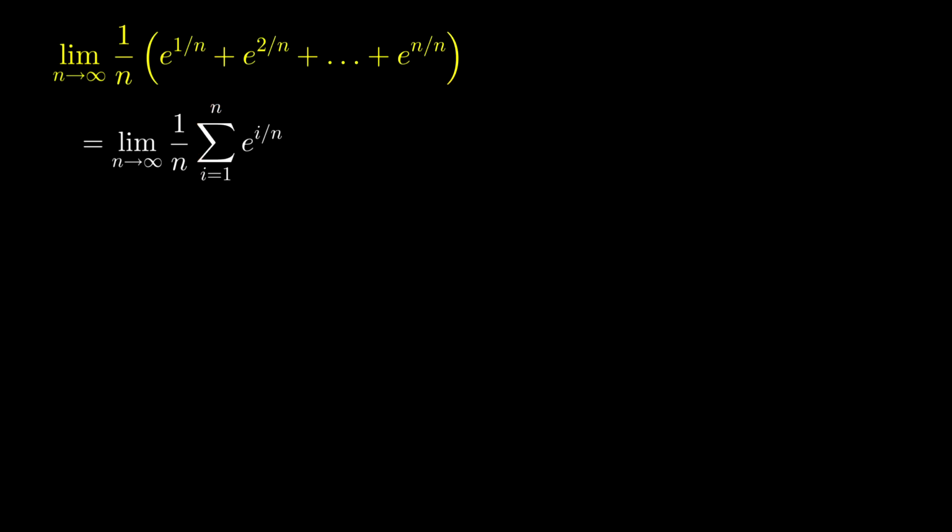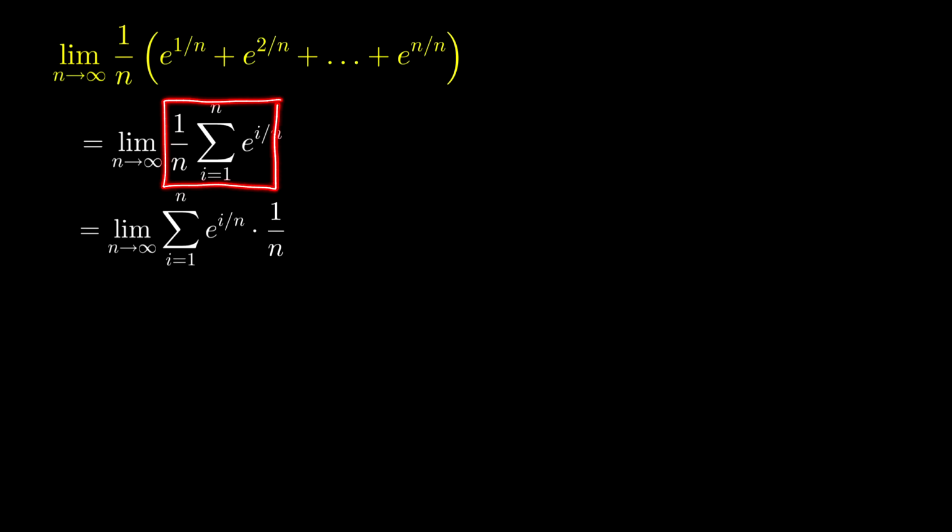And this can be written as the limit as n approaches infinity of the summation from i equals 1 to n of this product. We're allowed to do that because n here is fixed in this summation. So we can treat 1 over n as a constant in this expression.